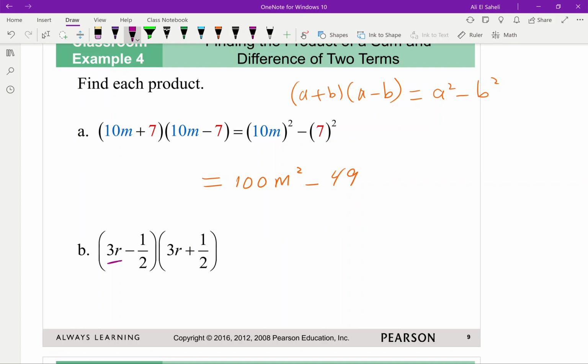Same, this is a and this is b. A minus b times a plus b. So this is equal a squared, 3r squared. So this is 9r squared minus half squared, 1 over 4. Okay, remember 1 over 2 squared is 1 over 4.